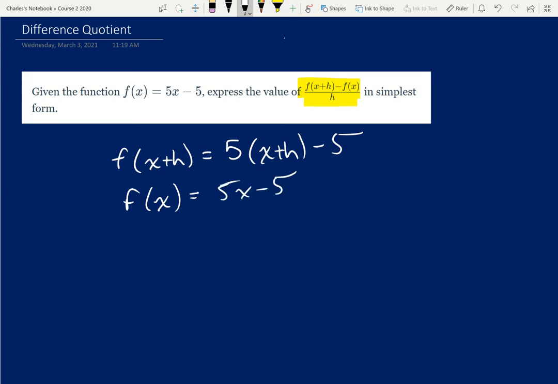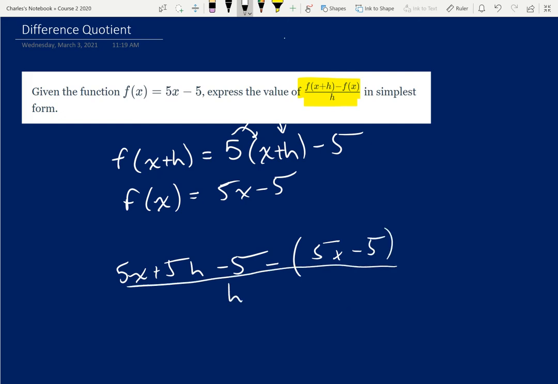f of x is 5x minus 5. So when I set this equation up, it's going to be 5x plus 5h minus 5, minus the whole thing, 5x minus 5, divided by h.